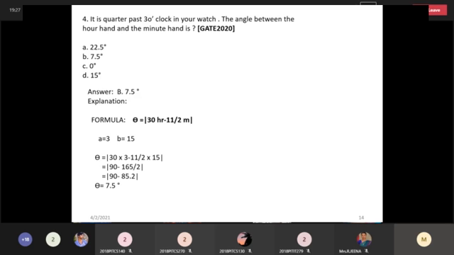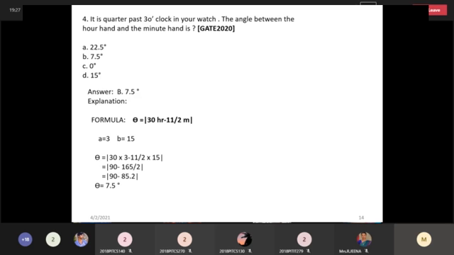What is the time they have given in the question? It is quarter past 3 o'clock in your watch. That means 3 o'clock 15 minutes. We have to find the angle between the hour hand and the minute hand. So H is equal to 3, M is equal to 15. We have to substitute in the formula.